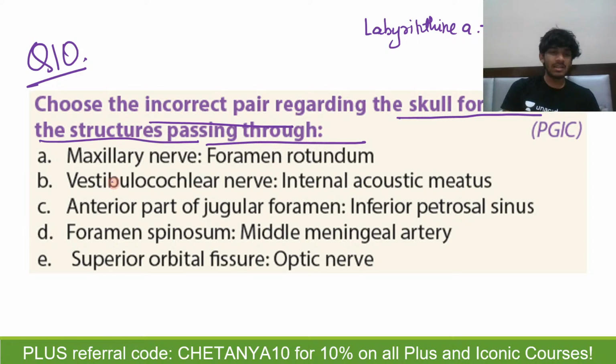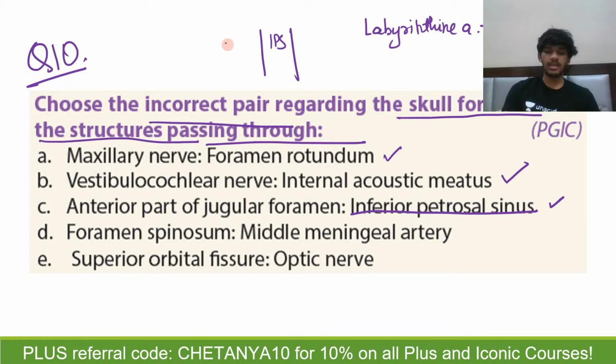So, does the maxillary nerve pass through the foramen rotundum? Yes, it does. Does the vestibulocochlear nerve pass through the internal acoustic meatus? Yes, it does. The inferior petrosal sinus, is it in the anterior part of jugular foramen? Yes, it is. The inferior petrosal sinus is present in the front.